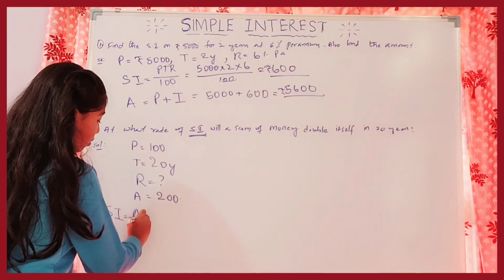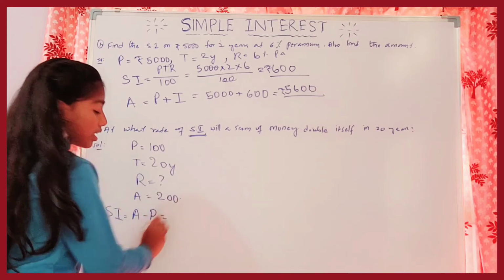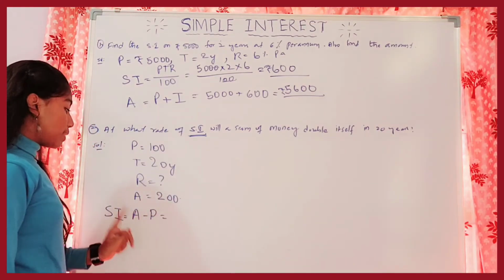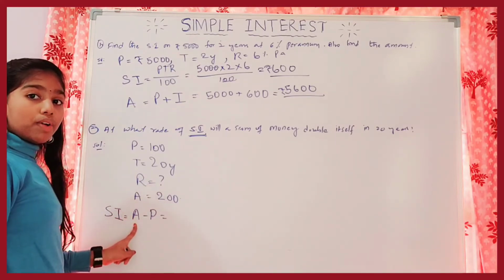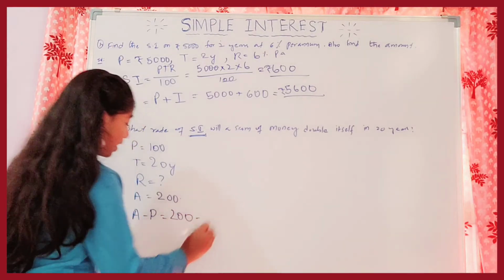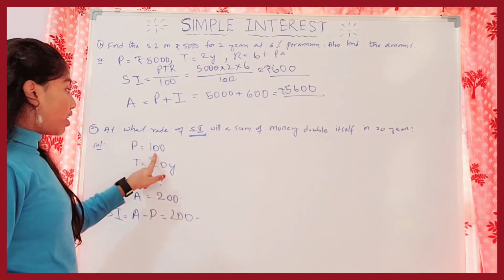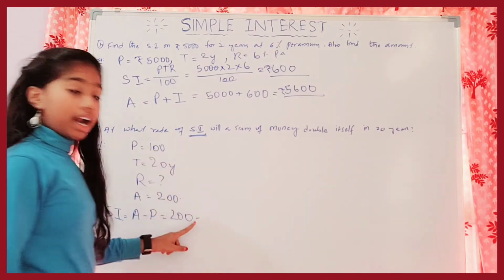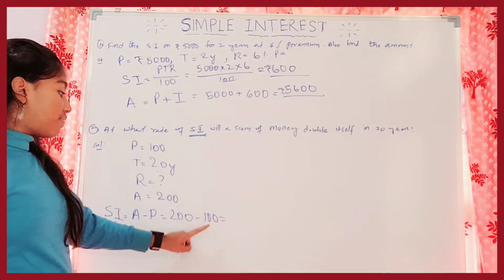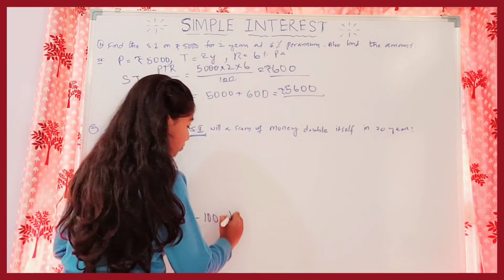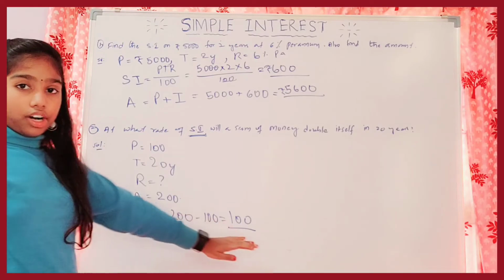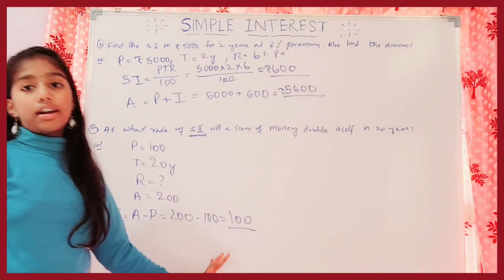SI is equal to amount minus principal, that is amount we already know, 200, minus principal also we know, that is 100. So 200 minus 100, the difference is 100. So we got the simple interest, that is 100 rupees.